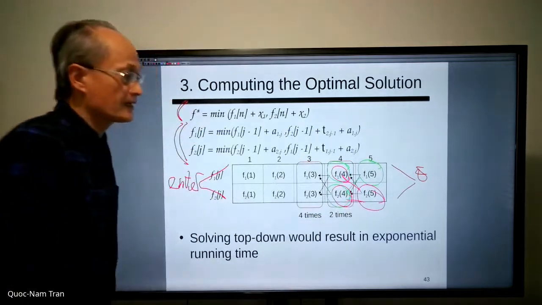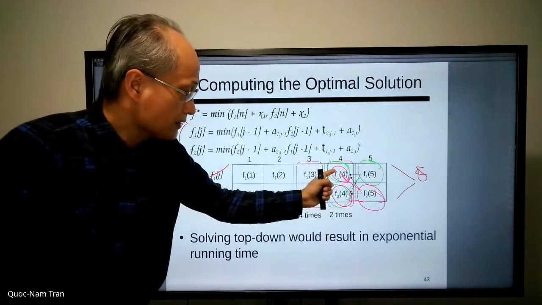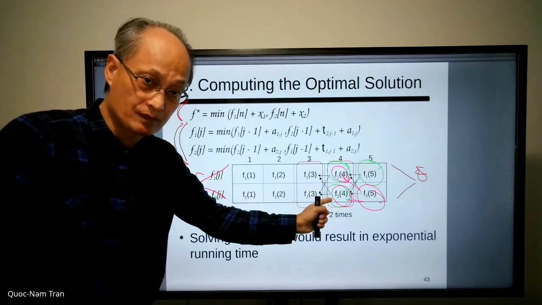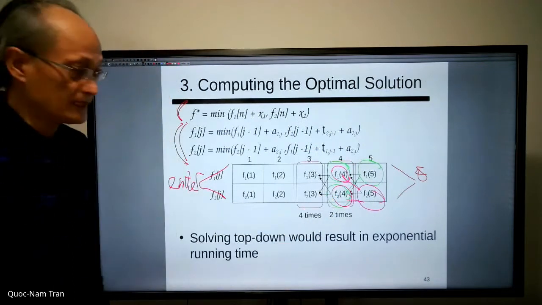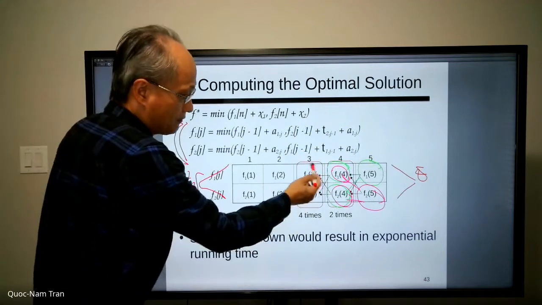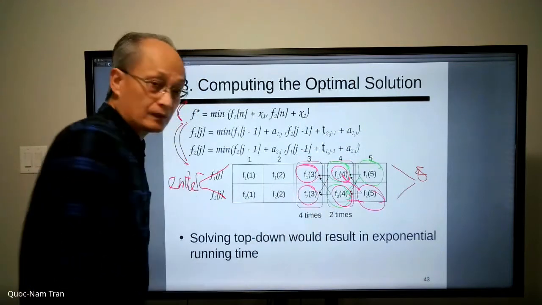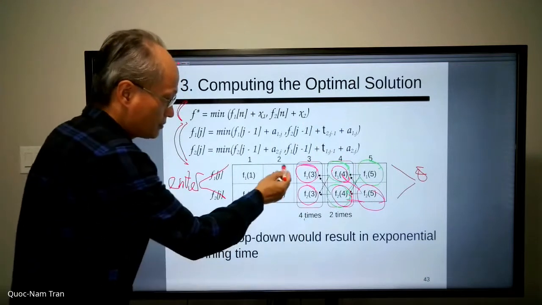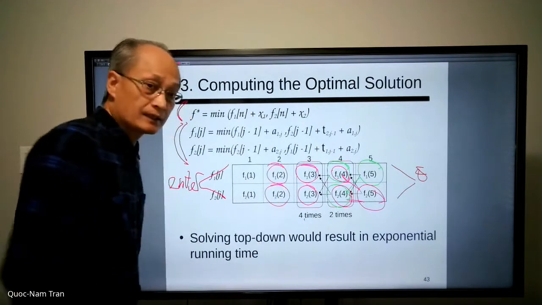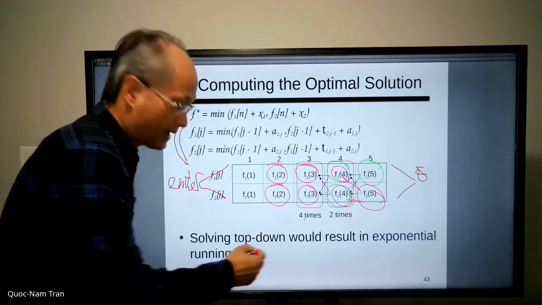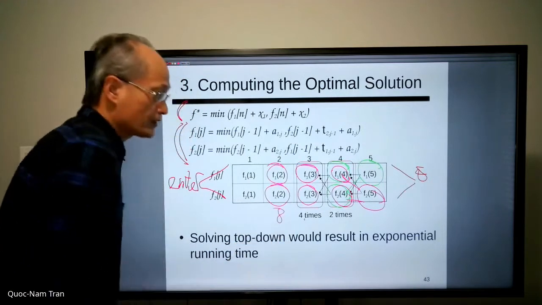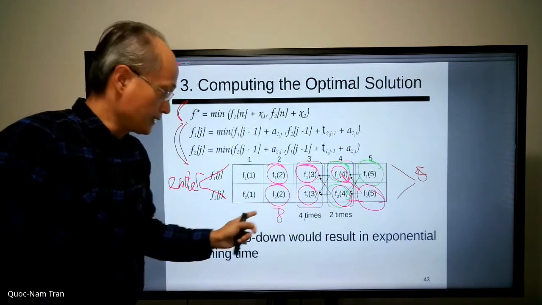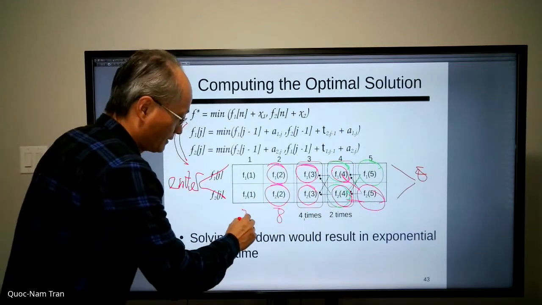So that said, each of these values will be calculated 2 times, right? Similarly, we will see that the values here will be calculated again and again, 4 times. And this one will be calculated 8 times, right? So it's 2 to the 1, 2 squared, 2 to the third, and then 2 to the fourth, right?